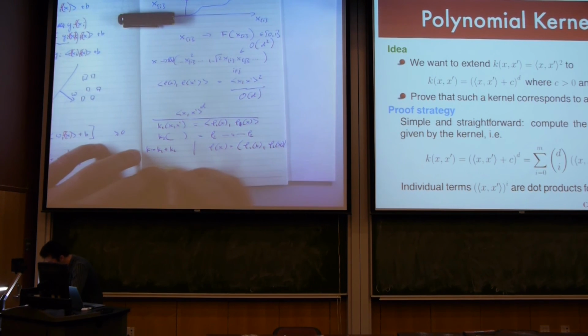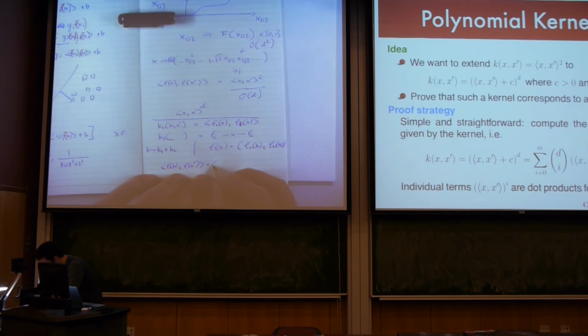In this case, the inner product between phi and phi prime is of course nothing else but the inner product between the segment Y1, Y2 dot Y1 prime, Y2 prime.